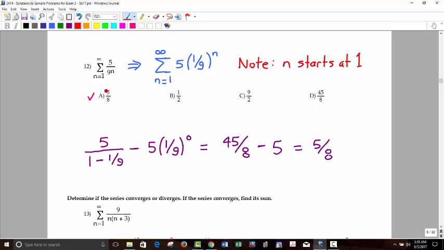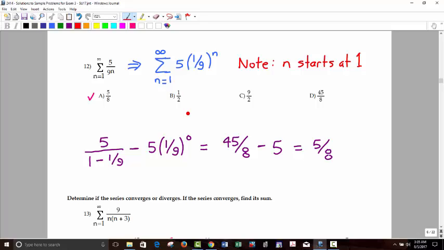I look at it and go, okay, the formula a over 1 minus r right here is not going to be the right answer like it was in number 11, because that implies it's starting at 0. Okay, well that's fine. So to get it to what we want, starting at 0, we'll subtract off the actual term where n equals 0.